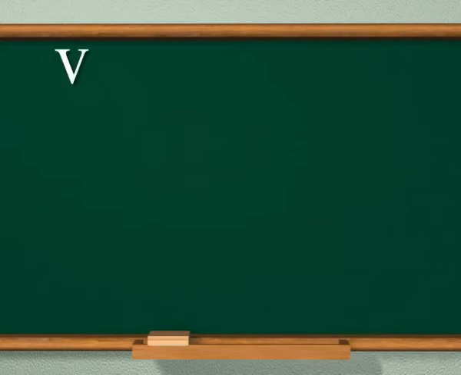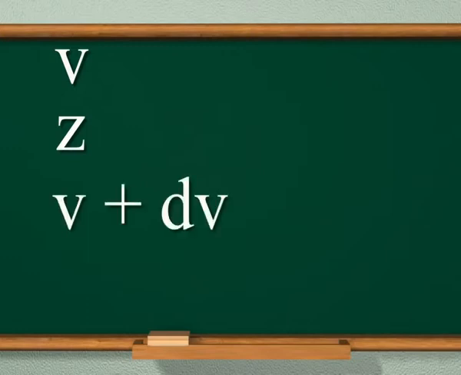Let v be the velocity of the layer at a height z from the bed, and v plus dv be the velocity at a height z plus dz. Thus, the velocity differs by dv in going through a distance dz perpendicular to it.